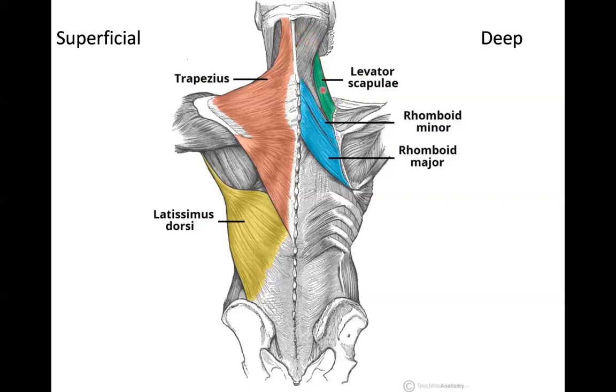We typically just see it at its insertion point after the trapezius has been removed. You can see it at its insertion point along the vertebral border or the medial border of the scapula. Like its name suggests, the action of levator scapulae is to elevate the scapula, so to raise the scapula.